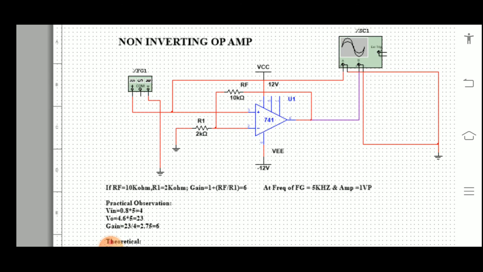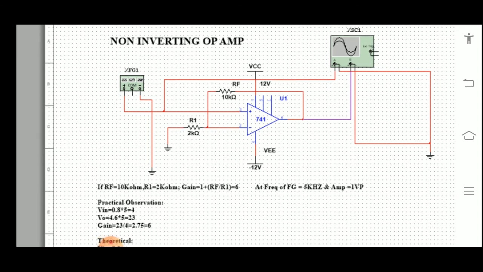So when we multiply both values, we are getting 23. So gain is nothing but 1 plus RF divided by R1. When you substitute both 23 and 4 in the corresponding formula, we are getting 6 as the gain value for your practical observation. So this is what we have to do for this experiment.